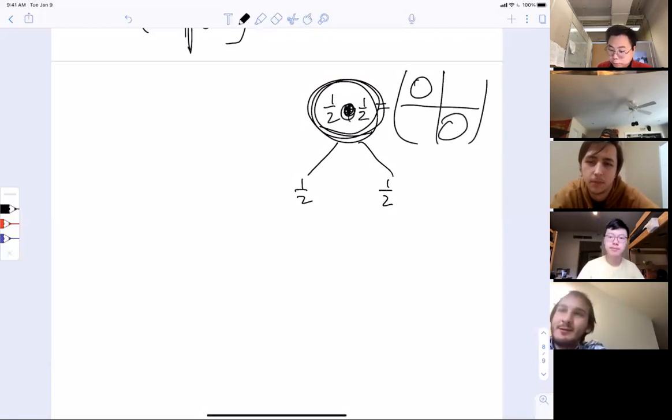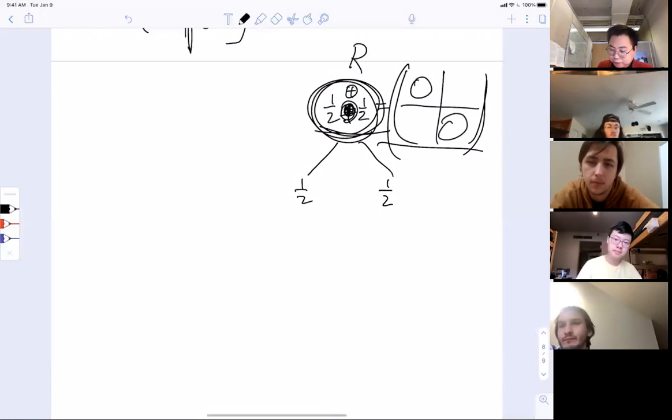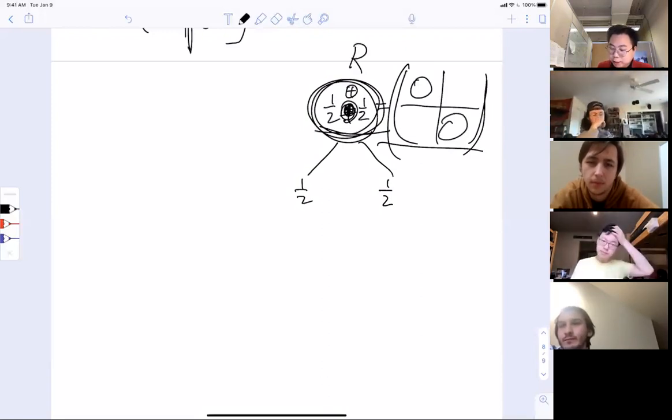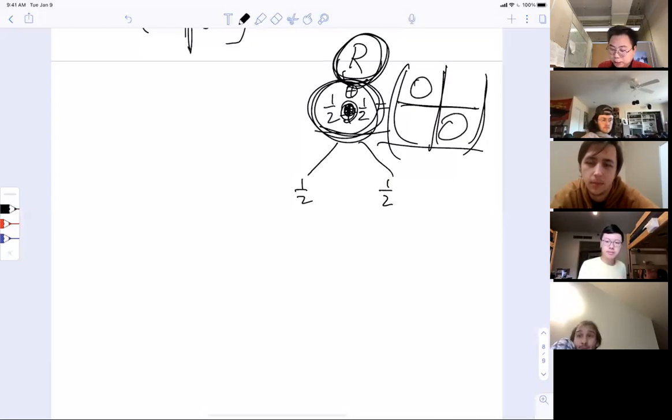You can totally call this representation some representation R, but we realize that we can decompose it into two spin 1/2 representations. So we write this representation R as 1/2 plus 1/2.